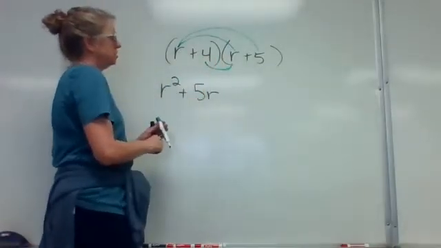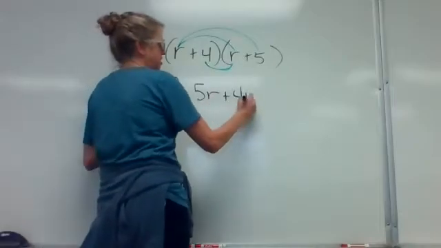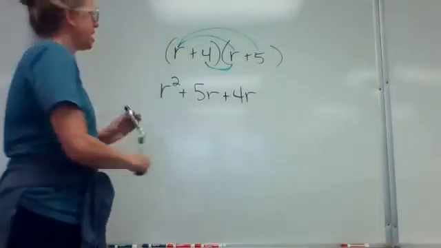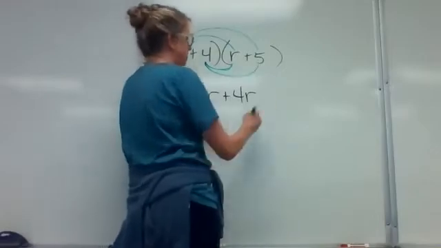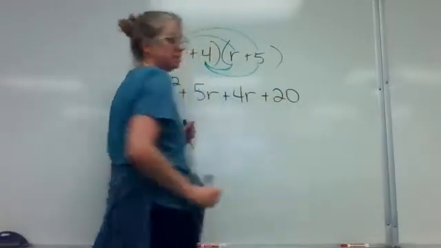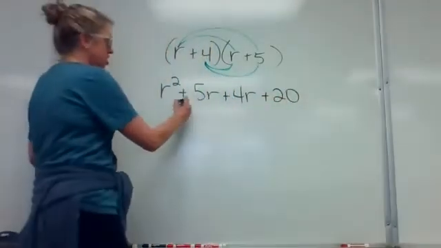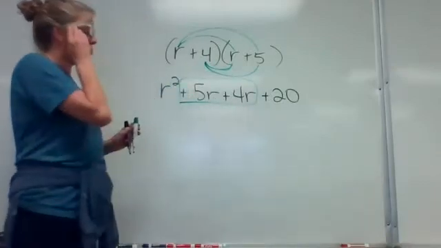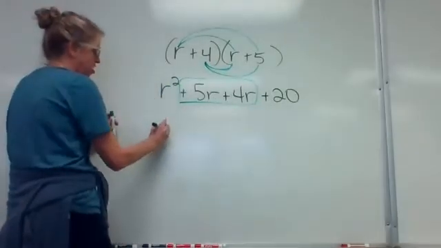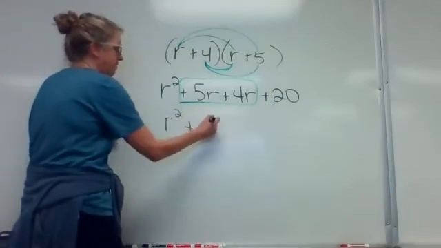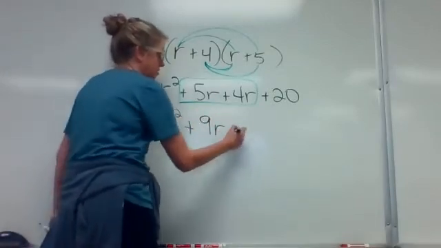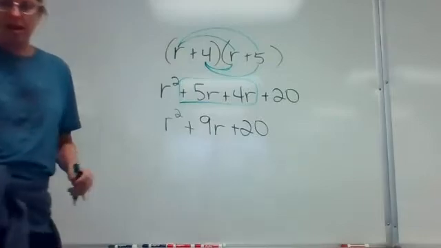My inner, 4 times r gives me positive 4r. And my last, 4 times +5 is positive 20. Your terms in the middle are like terms, so you can put those together. So you have r squared plus 5 and 4 gives me 9r plus 20.